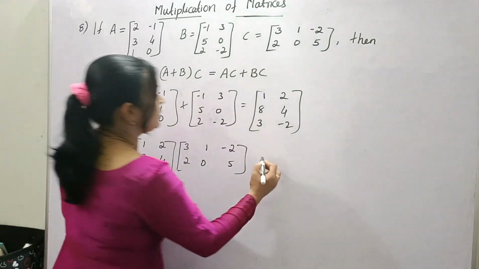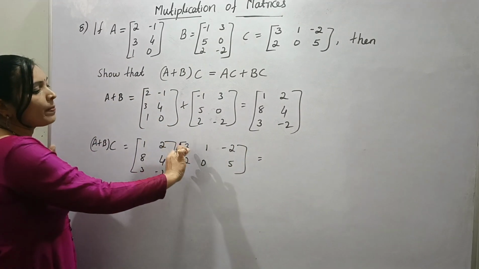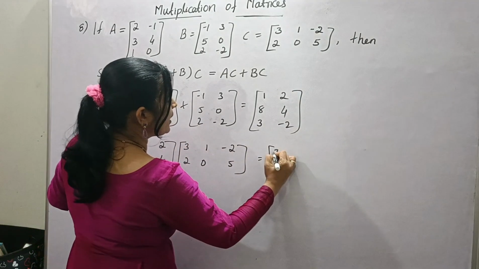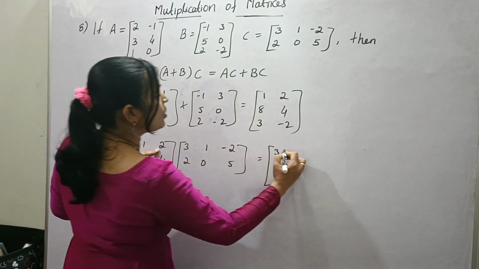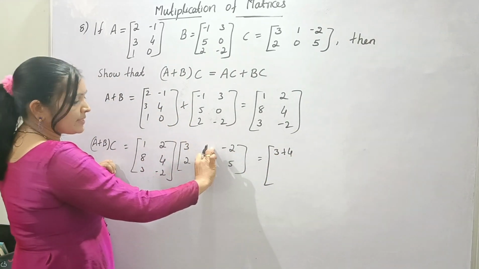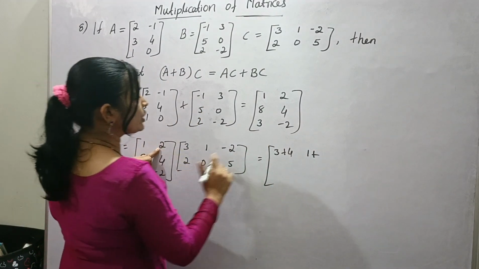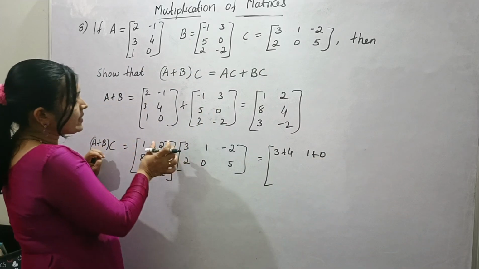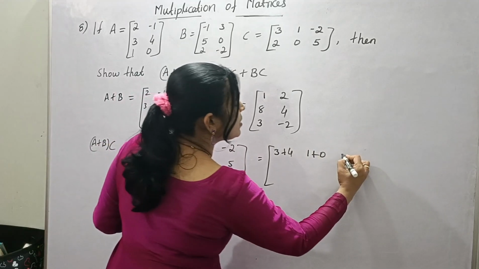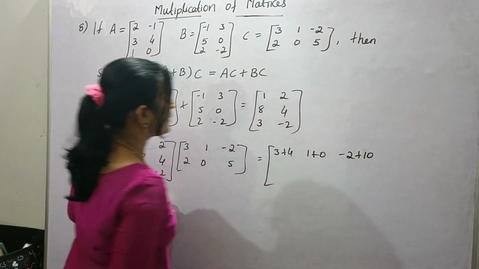Now we multiply the first row with the first column: 1 into 3 is 3 plus 2 into 2 is 4. Next, first row with the second column: 1 into 1 is 1 plus 2 into 0 is 0. Next, first row with the third column: 1 into minus 2 plus 2 into 5 is 10.